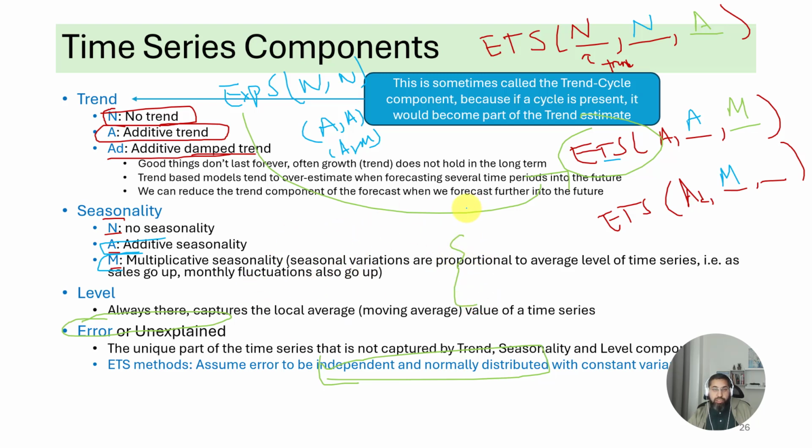Just like in statistics, you have a confidence interval. The confidence interval requires some variability estimate. The higher the variability, the bigger the confidence interval. Same idea. You want to estimate the error variability and use the error variability to estimate your prediction interval. And so you can model the error in two ways, as an additive error or a multiplicative error. So the third term for ETS models is whether the error is additive or multiplicative.